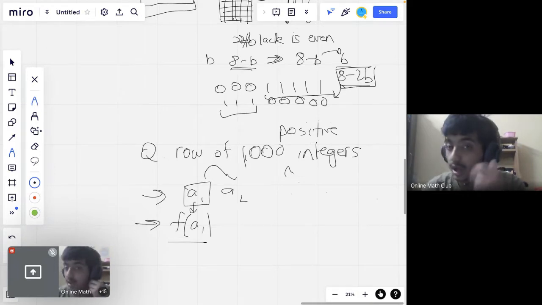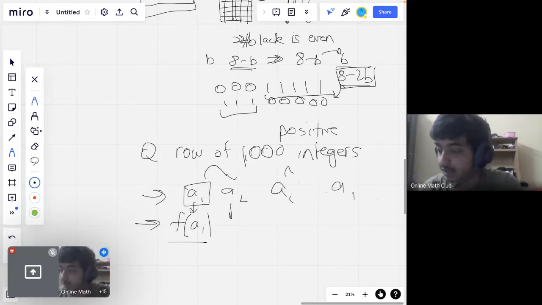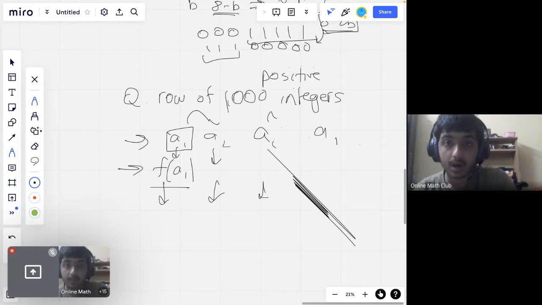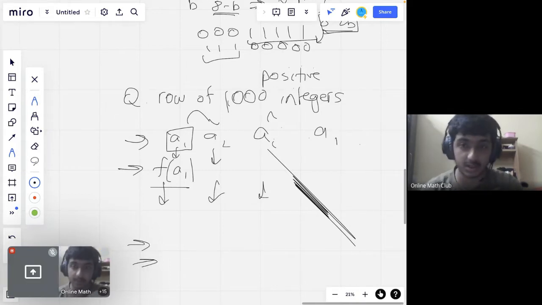For example, if there were three a1s, f of a1 would be 3. You do this for everything, and you keep on doing this. Your goal is to prove that eventually two rows will stay the same. It'll eventually be constant.